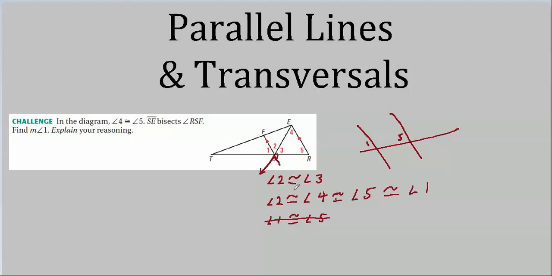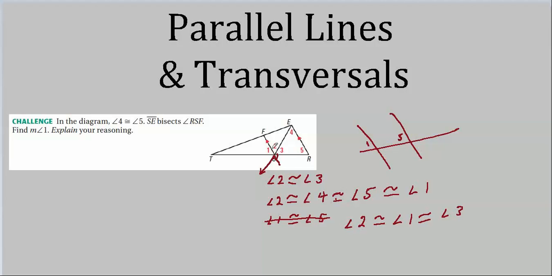We have angle 2 congruent to angle 4, which we know because it's given, that angle 4 is congruent to angle 5, which, from this diagram, is congruent to angle 1. So, we can just jump right through the 4 and the 5 using transitivity and write that angle 2 is congruent to angle 1. But wait a minute. Angle 2 is congruent to angle 3. In other words, every one of these angles turns out to be congruent. They all have equal measure.